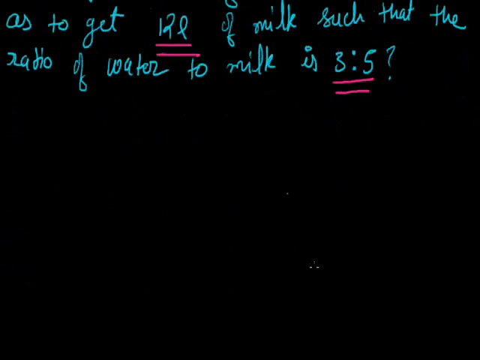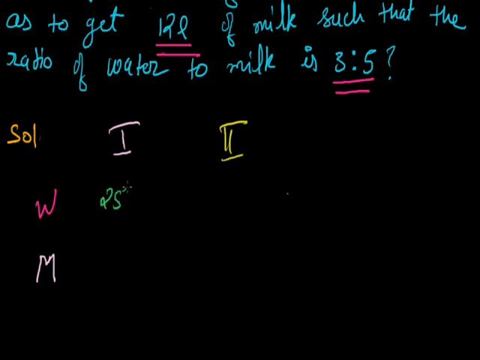Now let us say that there are 2 types of containers. The first will be the first one and the second will be the second one. First we will write water and second milk. In the first container 25% is water and therefore 75% will be milk.